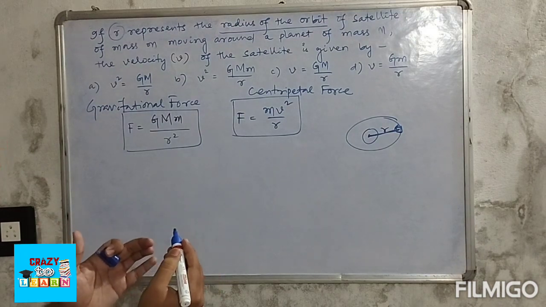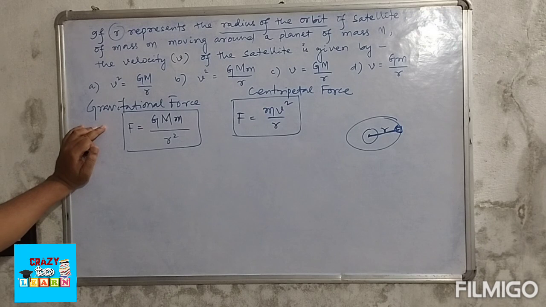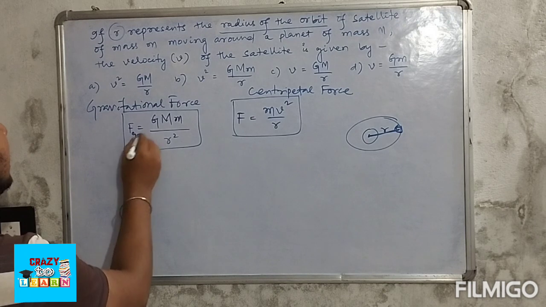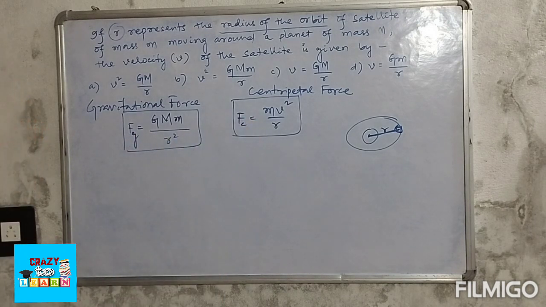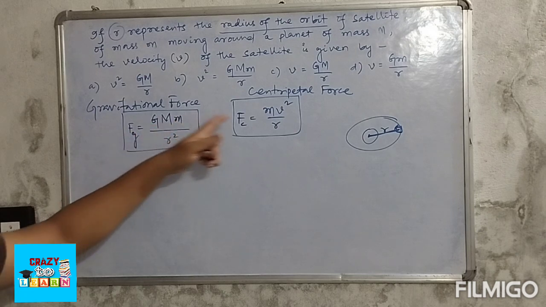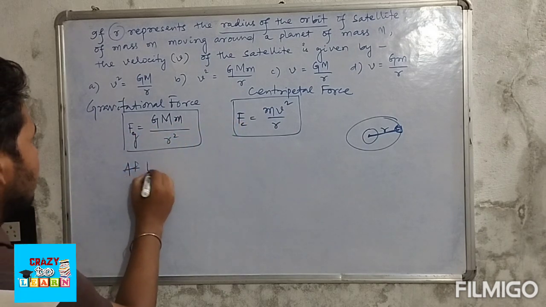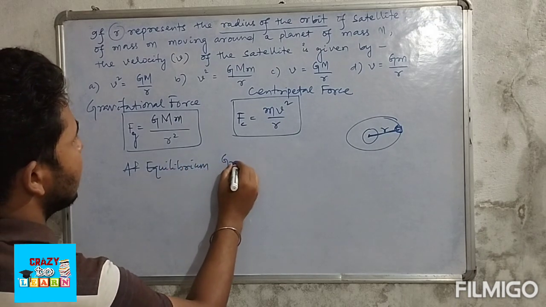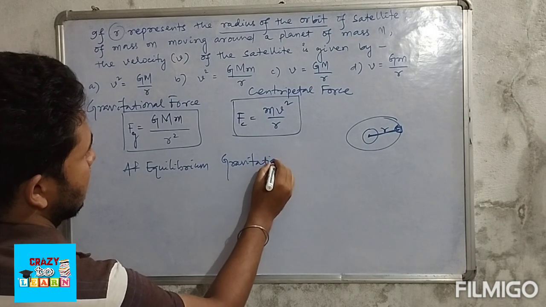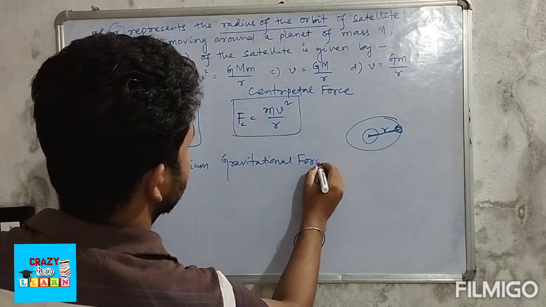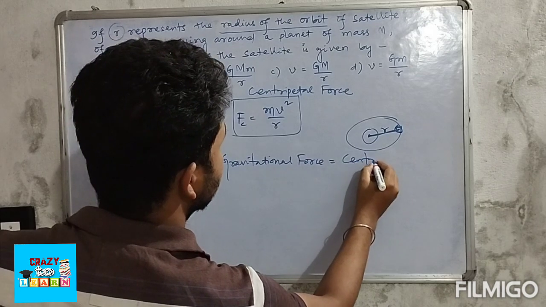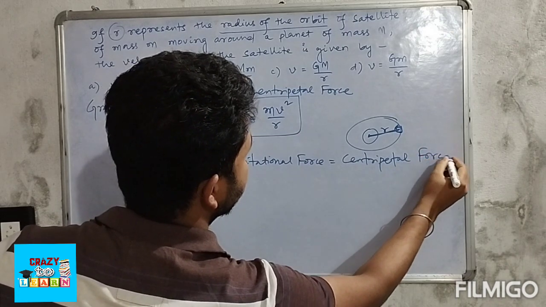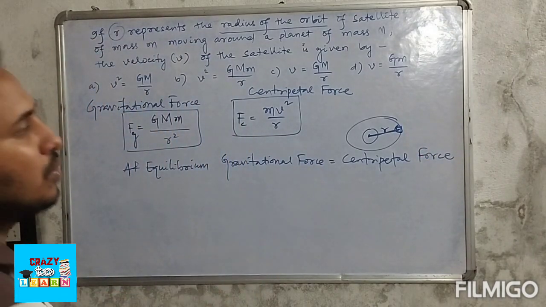So at equilibrium, if you take this gravitational force as Fg and the centripetal force as Fc, then at equilibrium this gravitational force is equal to the centripetal force.